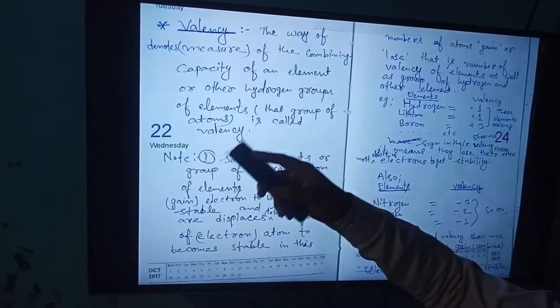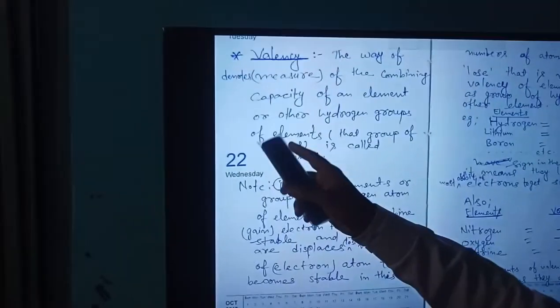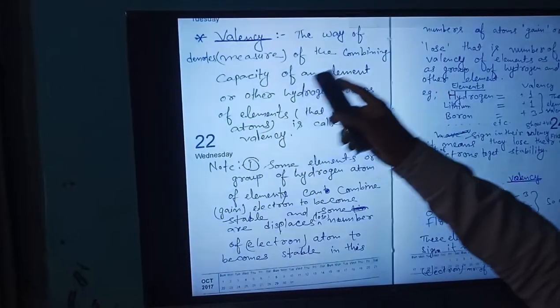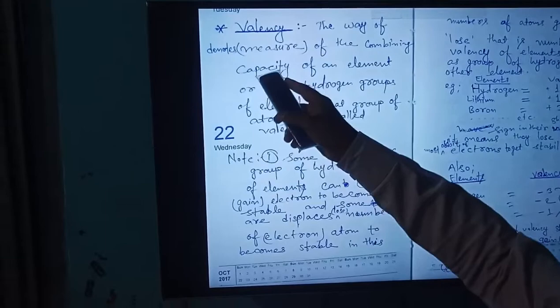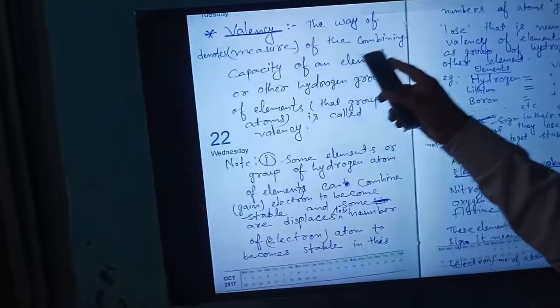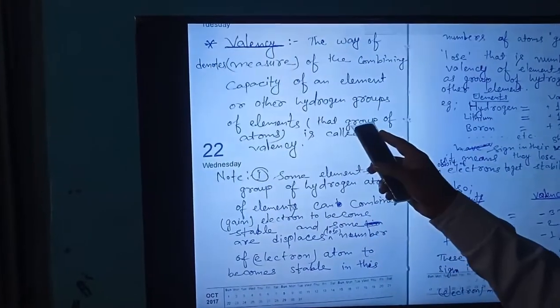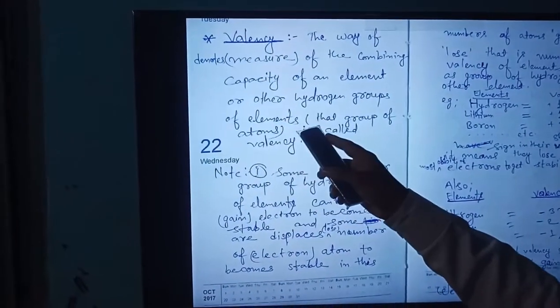My dear students, let us talk about valency. What is valency? It is a measure of the combining capacity of an element or group of elements.